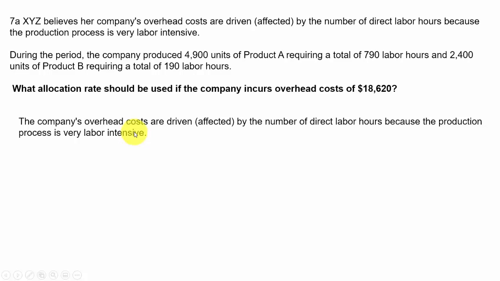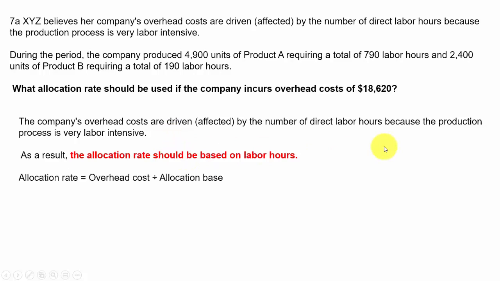So we have figured out that there's a real close connection between how much we spend on our overhead versus how much direct labor we have. We've figured out those two relate to each other very closely. So keeping that in mind, we should try to come up with an allocation rate for overhead based on labor hours, because that seems to be something that's very, very tightly wound together. Those two things correlate very closely.